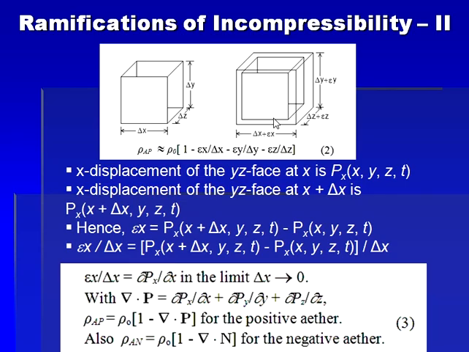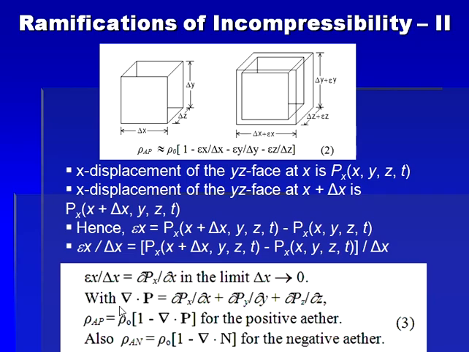P sub x, evaluated at x plus delta x, is how much the right face gets expanded into the next cube. Hence, epsilon x is given by P sub x, evaluated at x plus delta x, minus P sub x, evaluated at the original point x. And epsilon x divided by delta x then becomes the familiar expression for the partial derivative of P sub x with respect to x, as we take the limit delta x goes to 0.